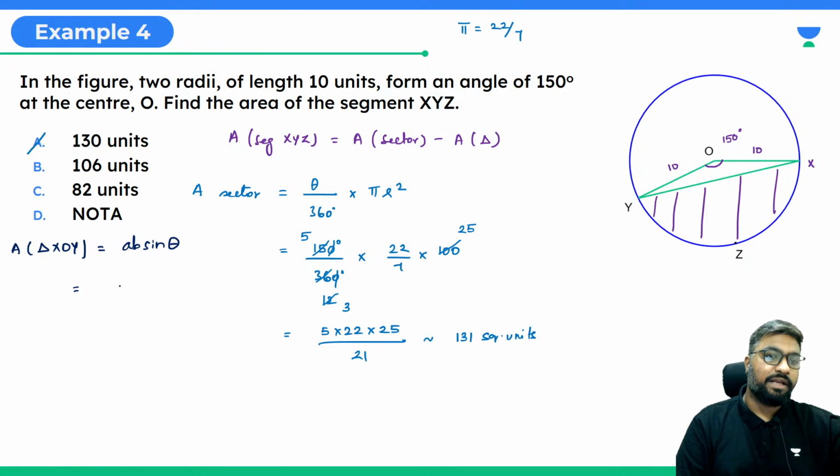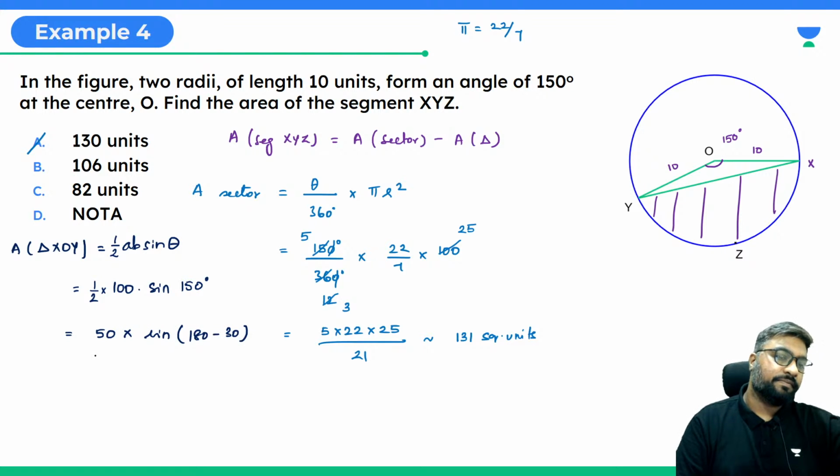So what will happen here? AB is R into R, that is 100, into sine theta. Theta is 150 degrees. Sine 150 is sine of 180 minus 30, correct? So half into 100 is 50 into sin 150, which can be written as sin 180 minus 30, which is basically sin 30.